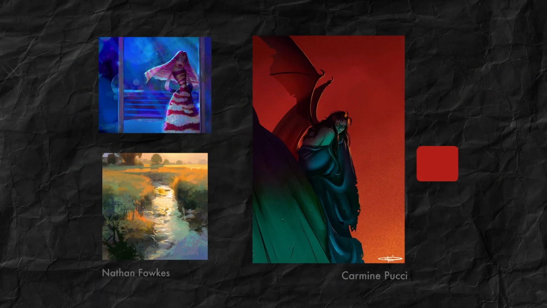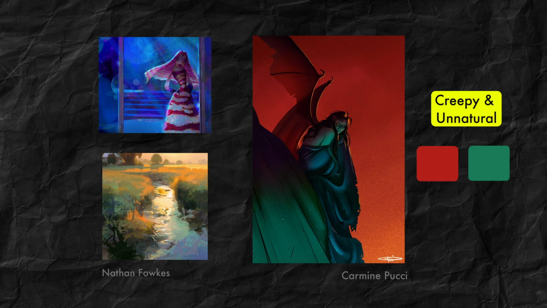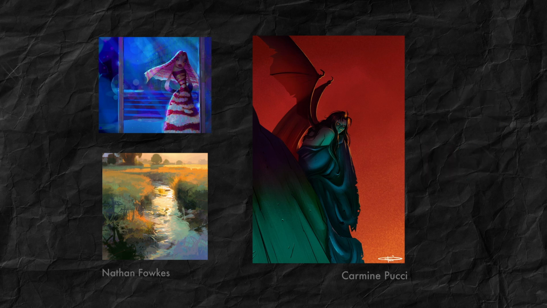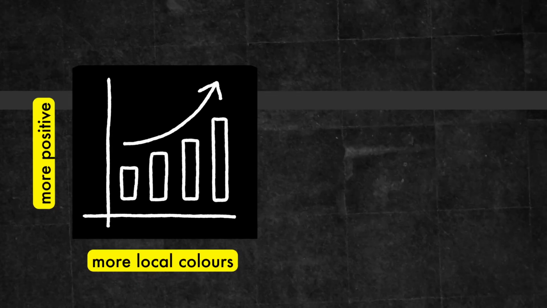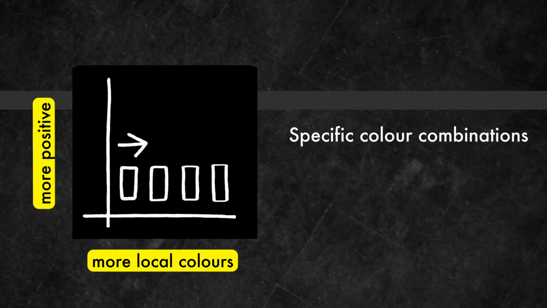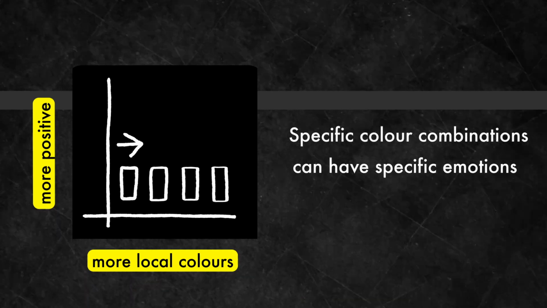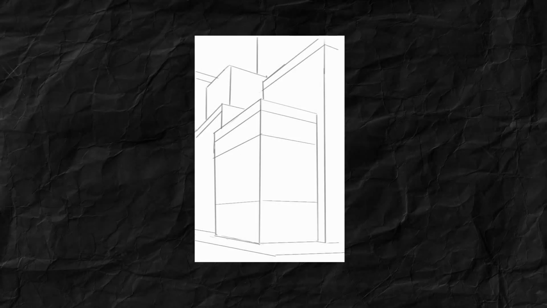Saturated reds versus greens can look creepy and unnatural. Explore with different color combinations and experiment. So it's important to know that the more local colors, the more positive, and specific color combinations can elicit specific emotions.